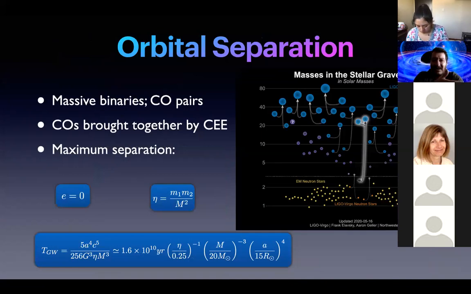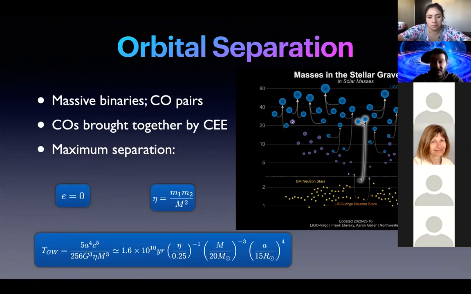But the stars that give you these are very massive, very big stars, usually a few tens of solar radii in diameter. And one can see that in order to merge or bring close together these massive compact objects, you need to have, as you can see in the equation at the bottom, orbits which are not much more than a few tens of solar radii if you want to have the two objects merge within a Hubble timescale.